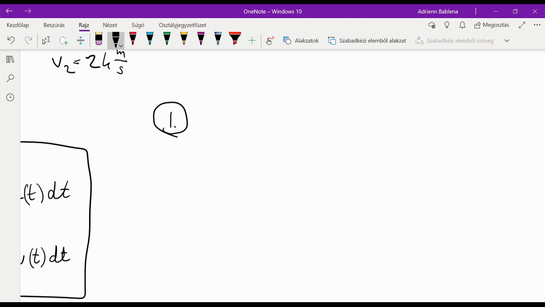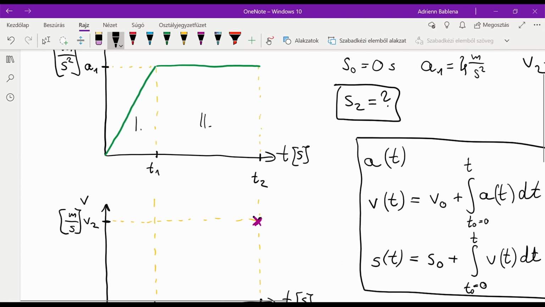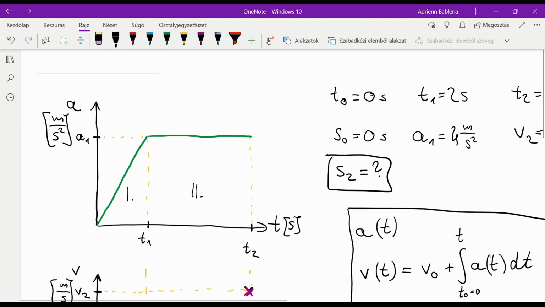So first function, we check what is the a value at t0.